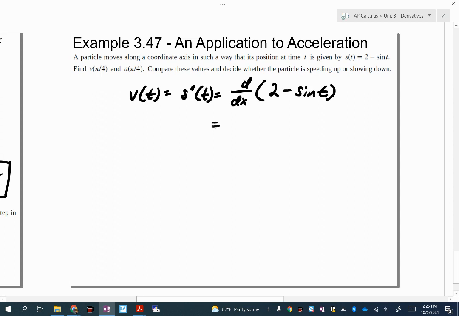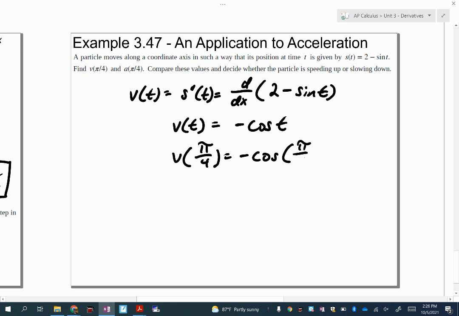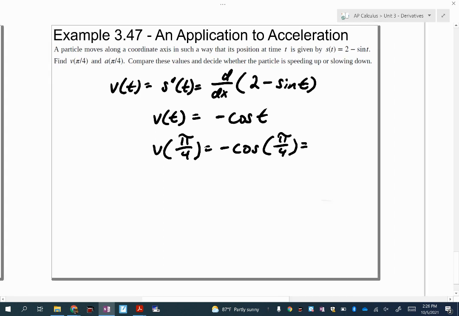Well, we know the derivative of 2 will be nothing. So really it's the derivative of negative sine of t. The derivative of sine is cosine, but this is going to be minus the cosine of t. So there's our velocity. Let's plug in pi over 4. So the opposite of the cosine of pi over 4. Now we've done this before.